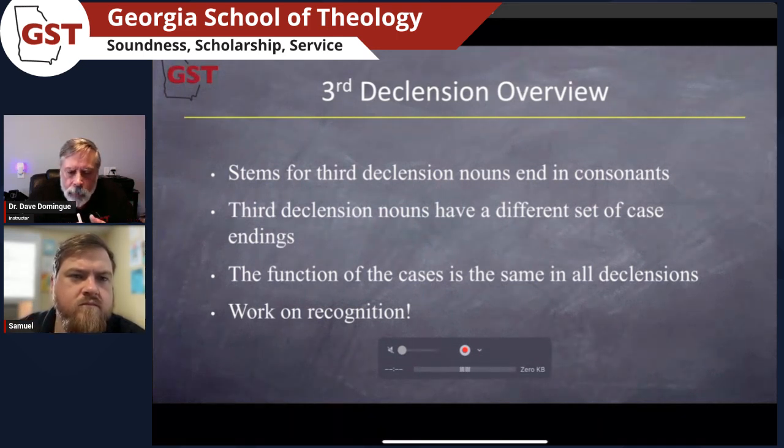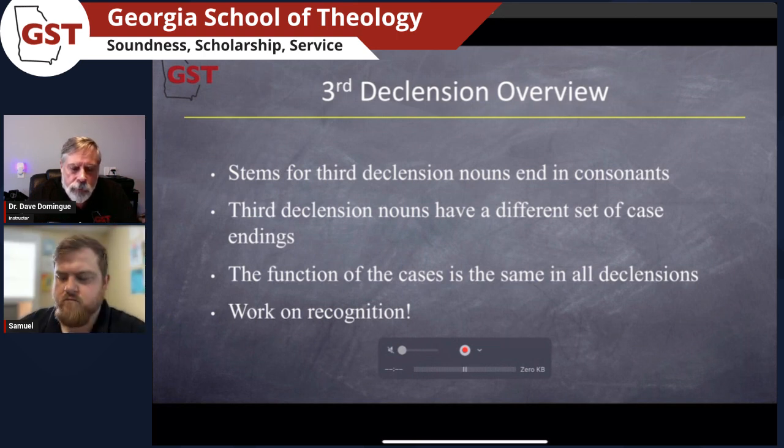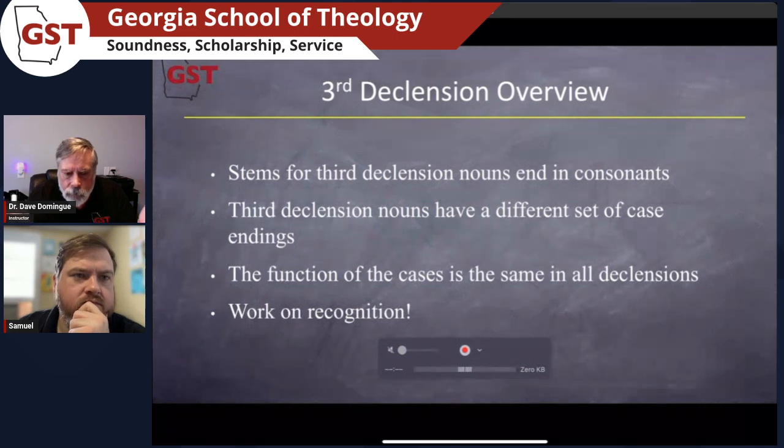The nominative is still the subject, the genitive is still the possessive, the dative is still the indirect object, and the accusative is still the direct object. Although the spelling changes, the functions don't change. Makes sense?